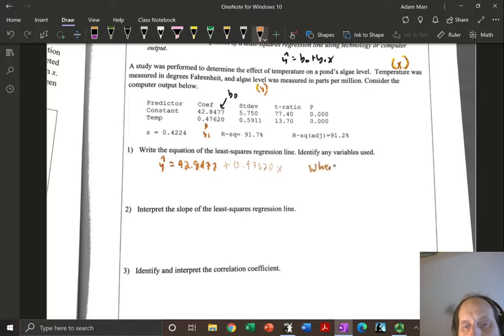We'll just say where y hat, remember that's a prediction, equals the predicted measure of algae level in parts per million. So we just say the predicted algae level in parts per million.